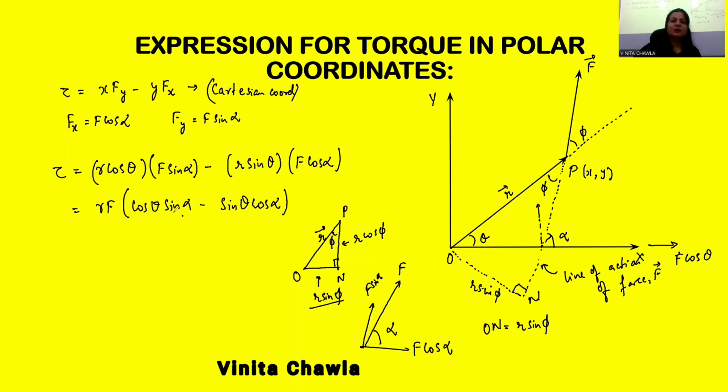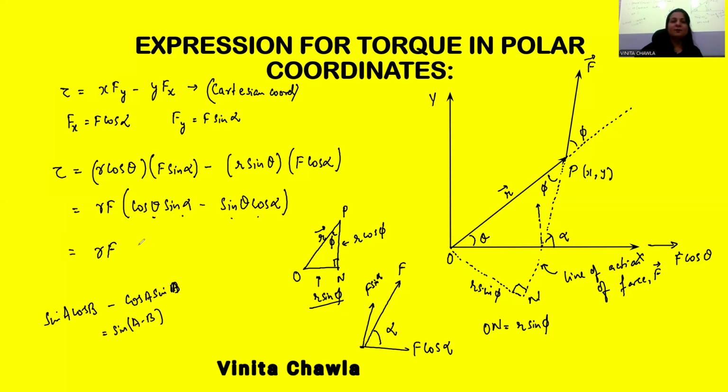Sin A cos B minus cos A sin B. Sin A cos B minus cos A sin B is? Tell me, maths. Sin A cos B minus cos A sin B is sin (A minus B).